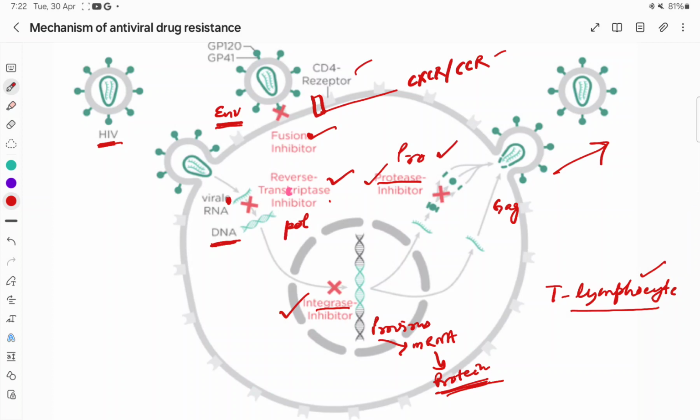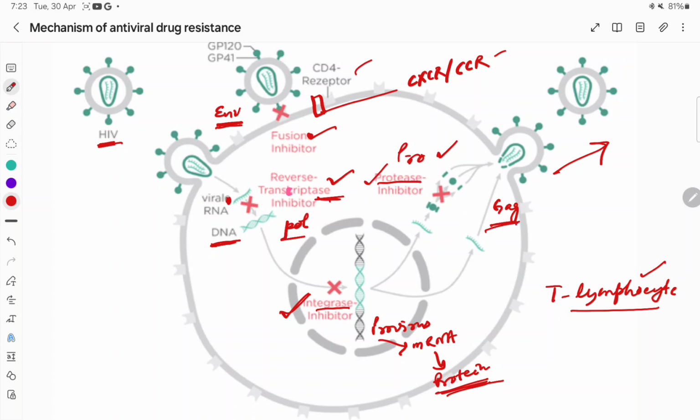Then the POL gene encodes reverse transcriptase, integrase, and RNA polymerase. So all these are encoded by the POL gene. And there is the GAG gene, which facilitates virus particle assembly and generates the capsid protein. Capsid protein is generated by GAG.